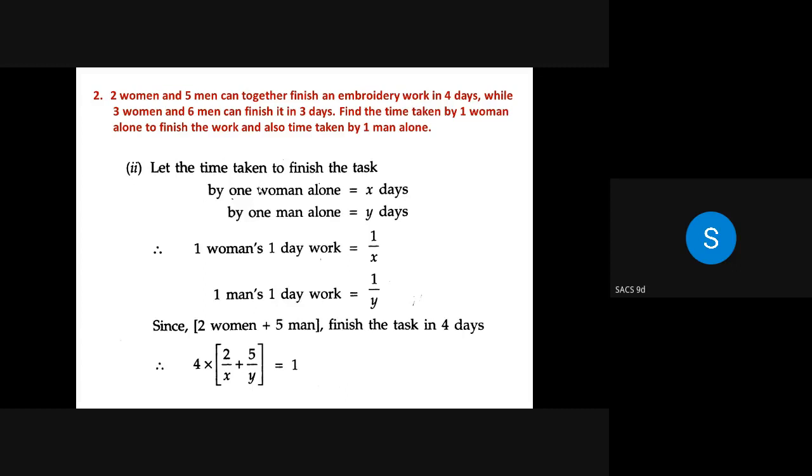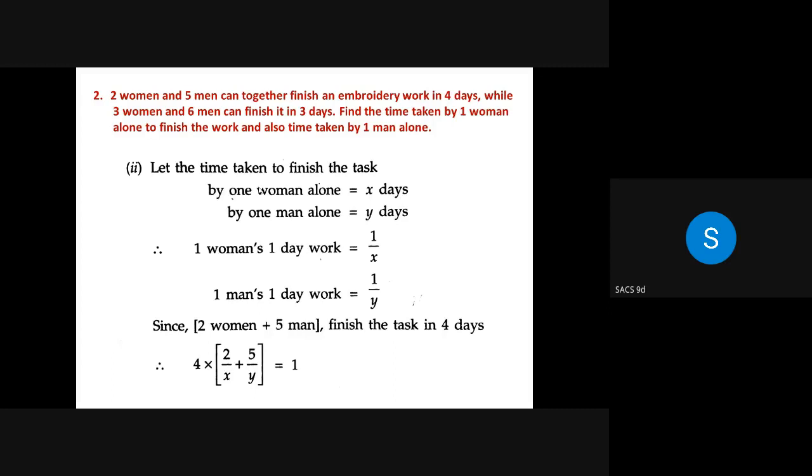So if one woman is taking x days to complete the entire work, in 1 day she will finish 1 by x portion of the work. Same way, one man is taking y days totally to finish the entire work. So he can finish 1 by y portion of the work in 1 day.